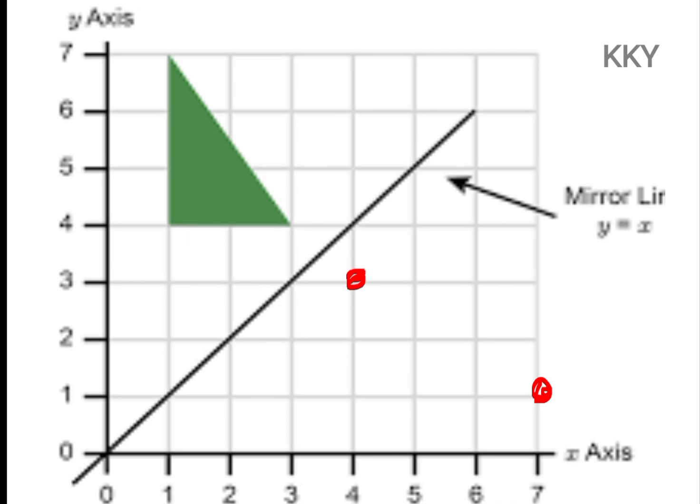So it will be reflected right here. So we can see that the image of that shape looks like this. There we go. So that is the image of the shape given to us. That's how to reflect across a diagonal mirror line.